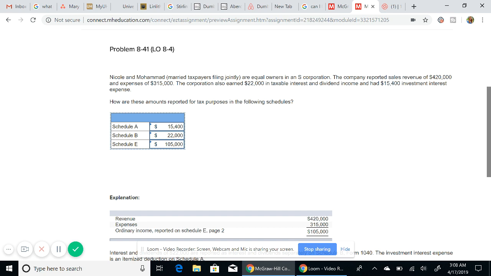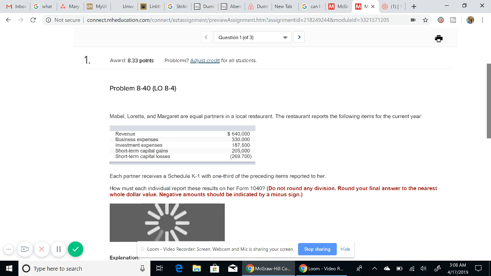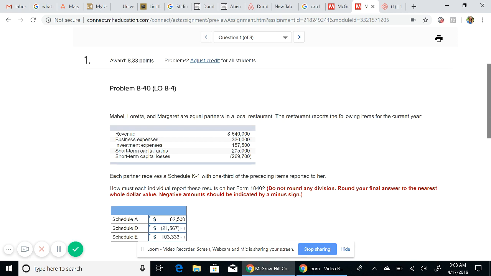It's definitely someone with a lot of investment activity that would take that type of deduction. All right, so that's number 1. You will have different numbers, but primarily the same concepts.